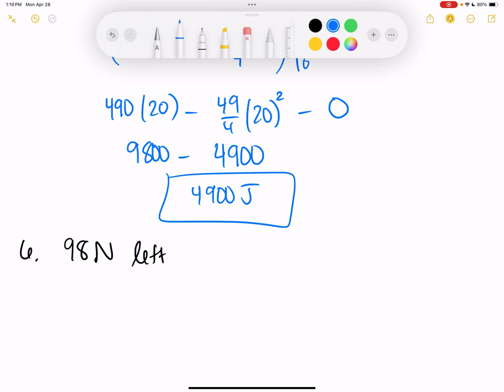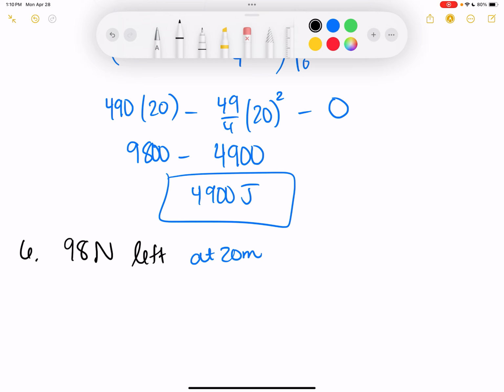So there's 98 newtons left at 20 meters. So now I'm going to have to basically find an equation for this.